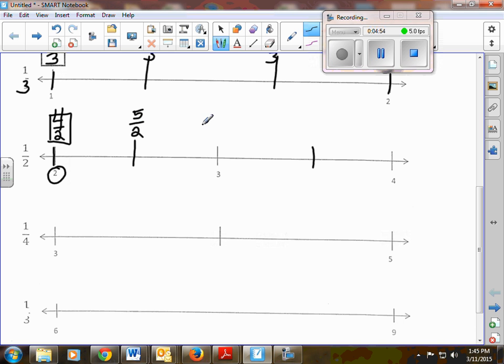What would be the next partition? 6 halves equals 3. Let's check that. Is 6 divided by 2 3? Yes, it is. 7 halves and 8 halves. And you want to always box the ones that are whole numbers. Box the whole numbers. 8 divided by 2 equals 4.